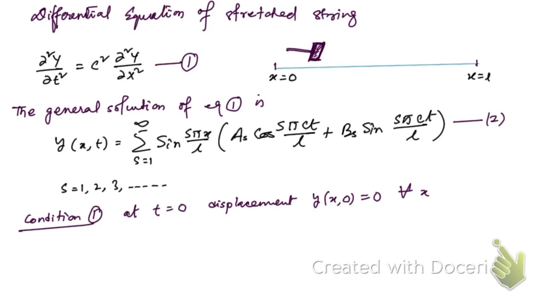That's why we can say that displacement is 0 at the time when this string was struck, that means at t is equal to 0, right?